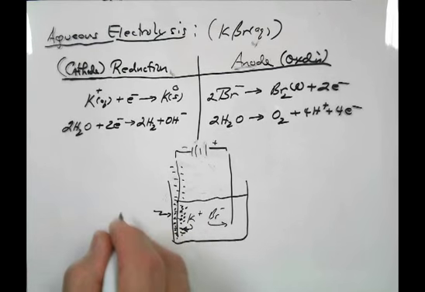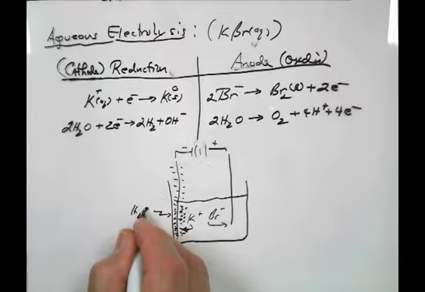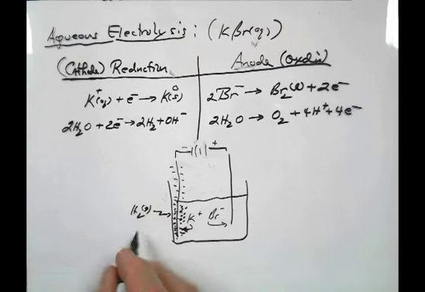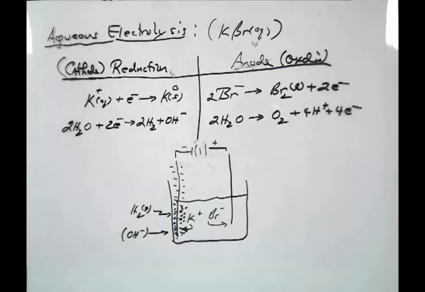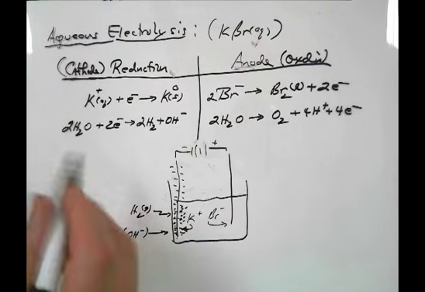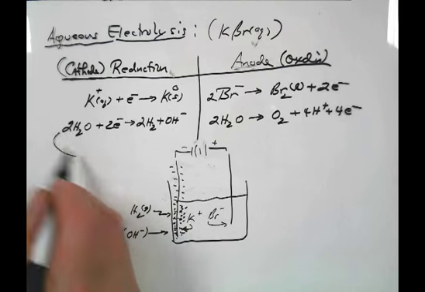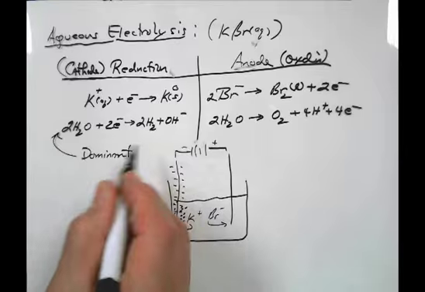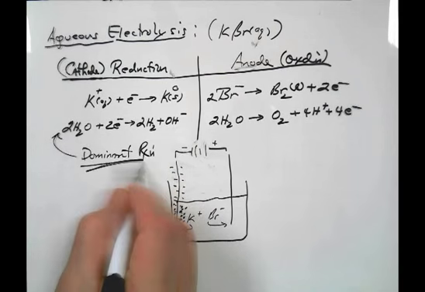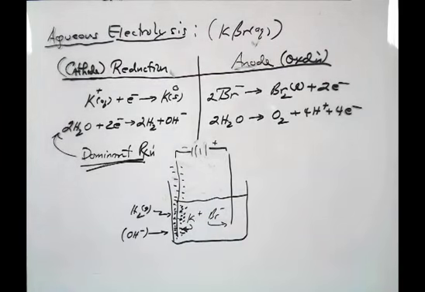You would see hydrogen gas being generated, and if you tested it with litmus, you would find out it was basic at that electrode. So you're not only generating hydrogen, but you're also testing it to be basic. So what I'm saying is the second reaction here is the dominant reaction at that electrode. That is at the cathode.